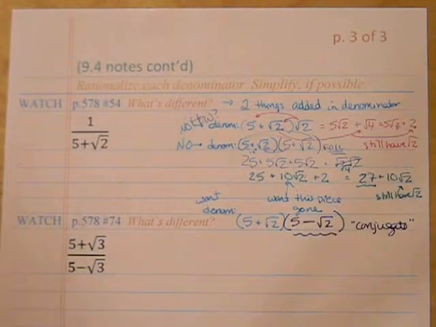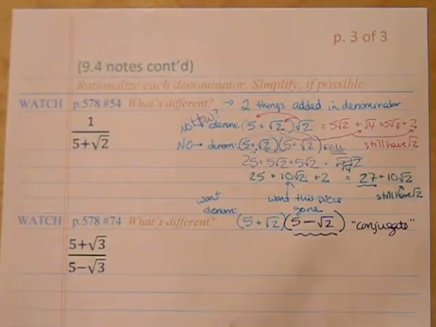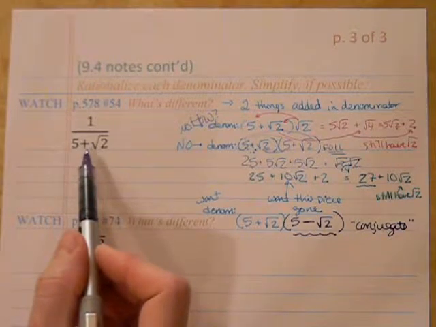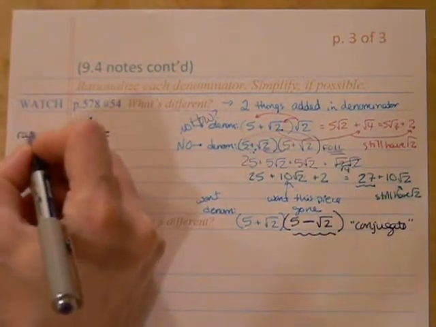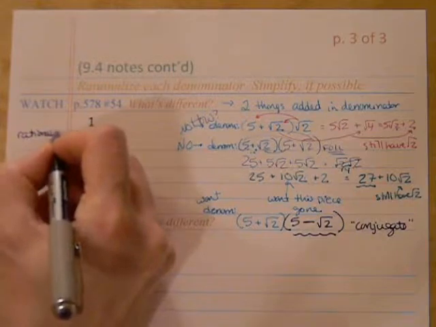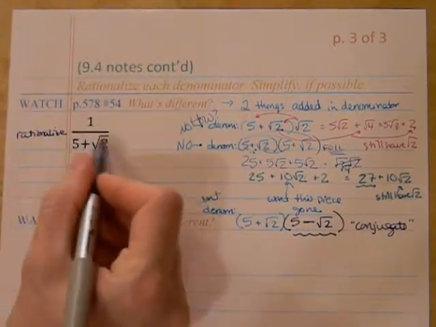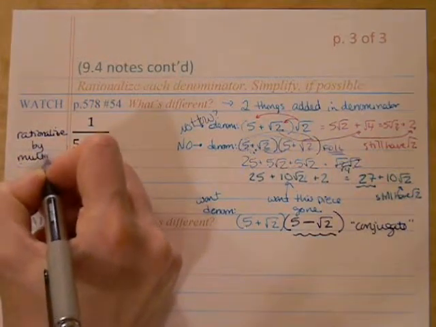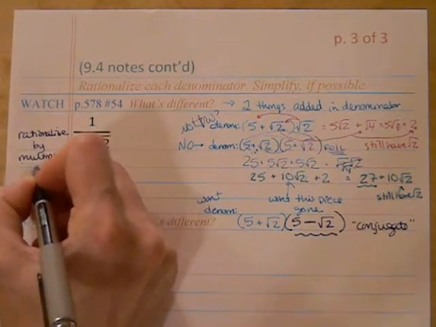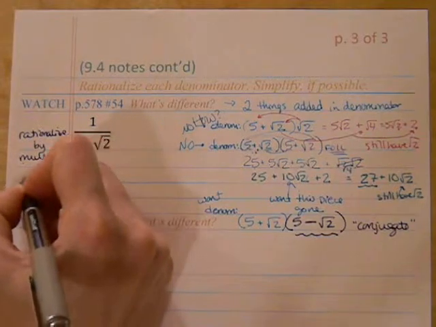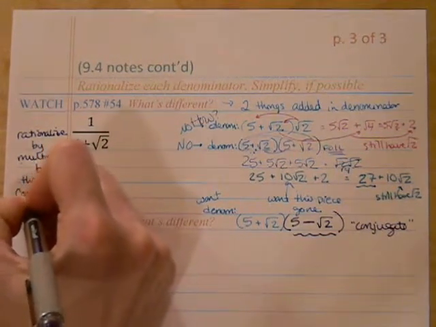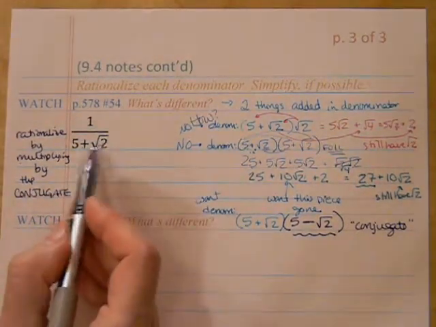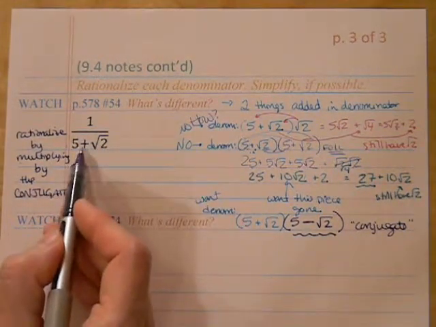Okay, so when you have two things being added or subtracted, because subtraction is really adding the negative here, we're going to rationalize, in other words, create nice whole numbers on the denominator by multiplying by the conjugate. And this is a fancy way of saying we're going to multiply by exactly what you see, except we're going to change the sign in the middle.